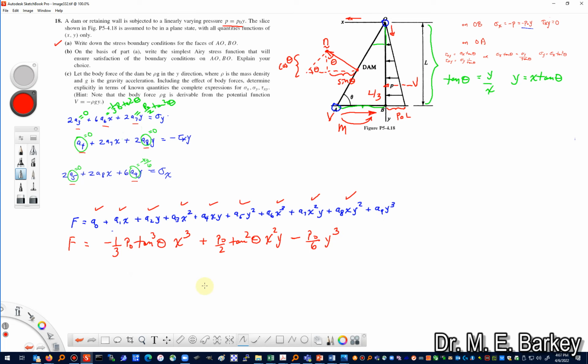The next part here says, let the body force of the dam be rho g in the y direction, where rho is mass density and g is gravity acceleration. Include the effect of body forces determined explicitly in terms of known quantities, the complete expressions for sigma x, sigma y, and tau xy. It says, hint, note that the body force rho g is derivable from potential function minus rho g y.